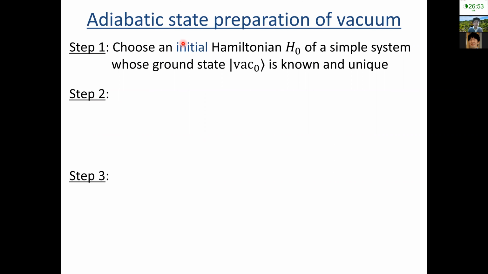So in this method, we start with an initial Hamiltonian, which is a typically different system from the target system. We choose the initial Hamiltonian H0 of a simple system whose ground state is known and unique.